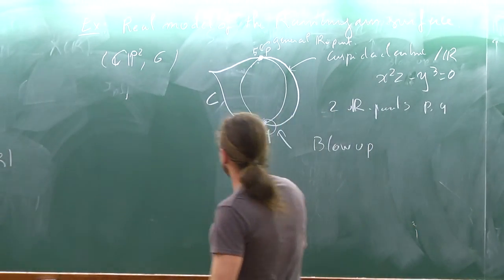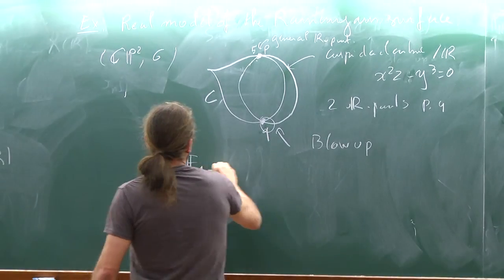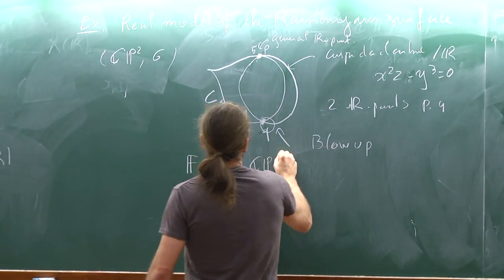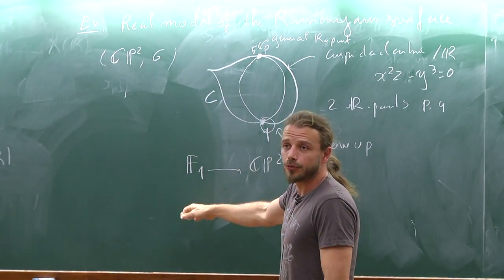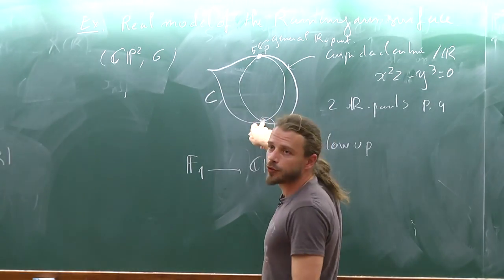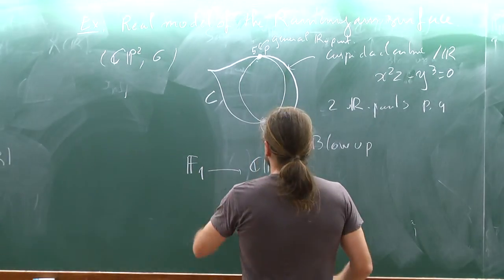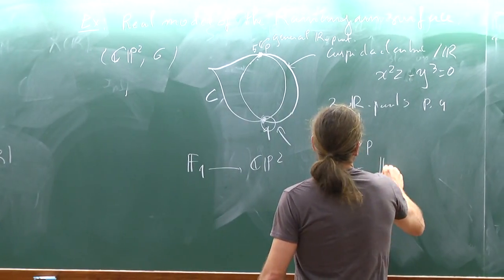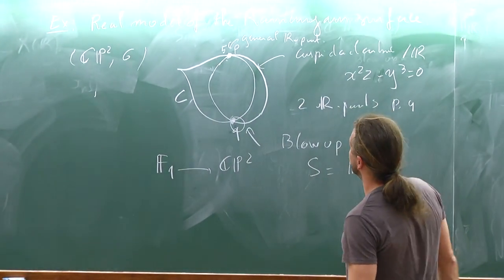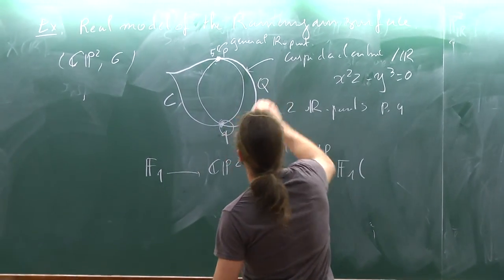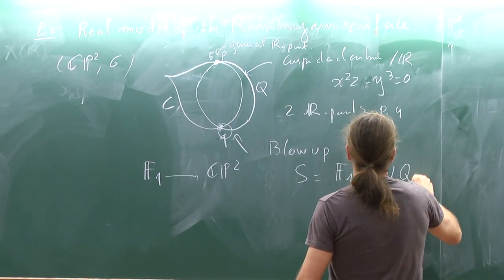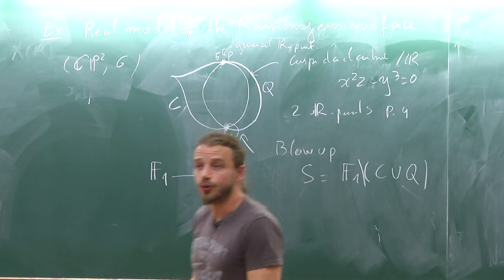So what I'm getting is the Hirzebruch surface F1 with the standard real structure, and the exceptional divisor over this point is the negative section here. And I set S to be the complement in this Hirzebruch surface of the union of the proper transform of C and the conic Q.